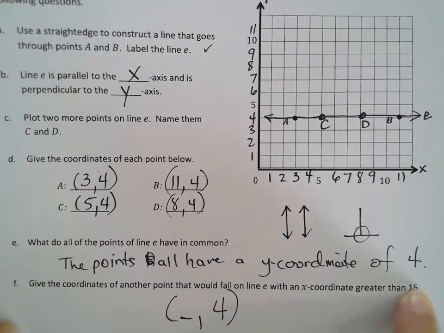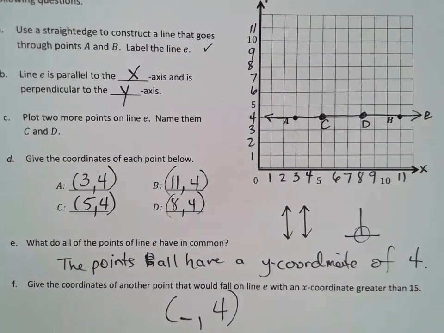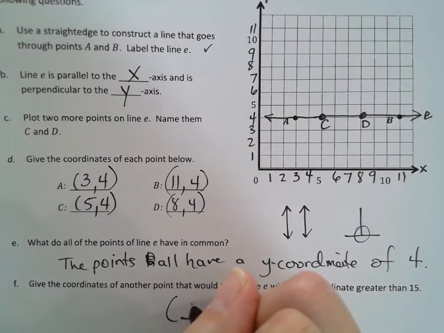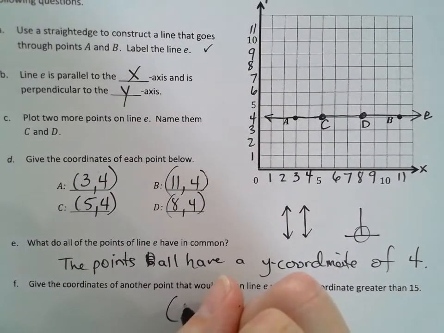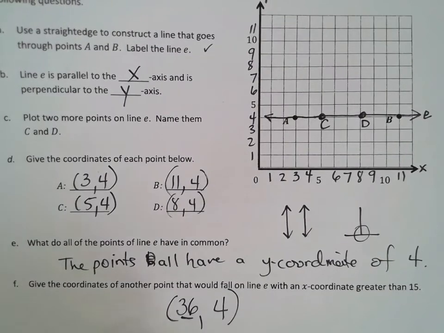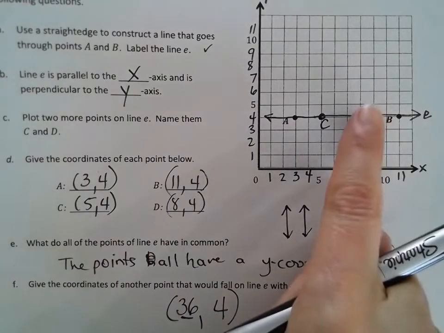Who knows a number greater than 15? That's right. You better all be raising your hands. We could put 16, 17, 18, 19, 20. Well, I'm about to be 36 years old on April 5th, so I just turned 36, excuse me. This is past tense. And so I am 36 years old, so I'm going to put 36, 4. As long as this coordinate has a y coordinate of 4, it will fall on that line, okay?